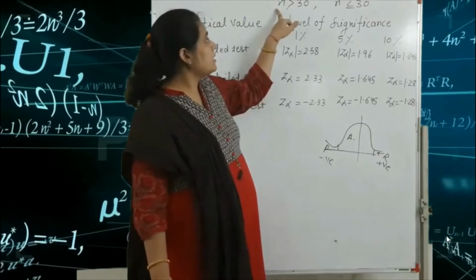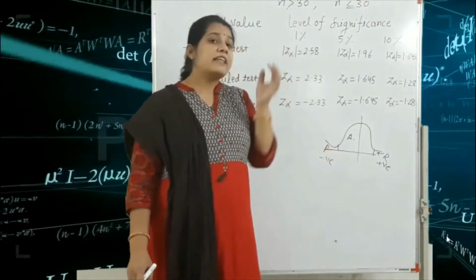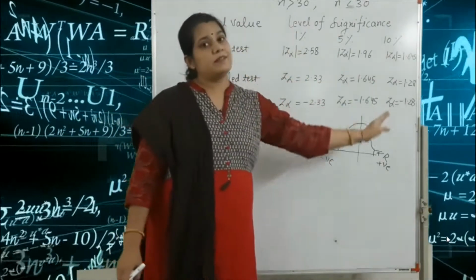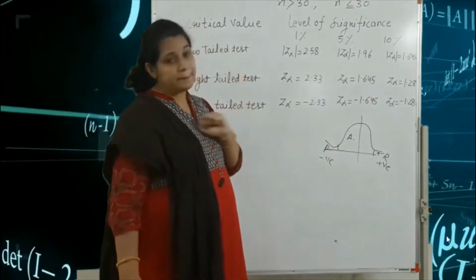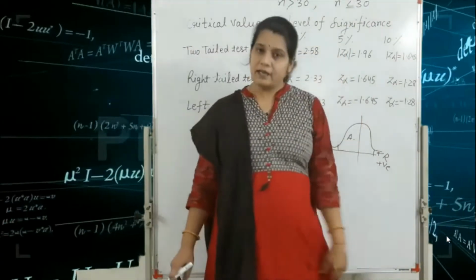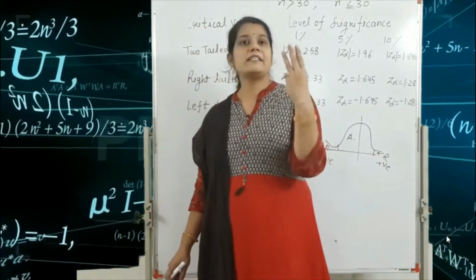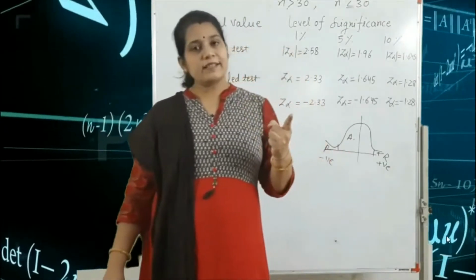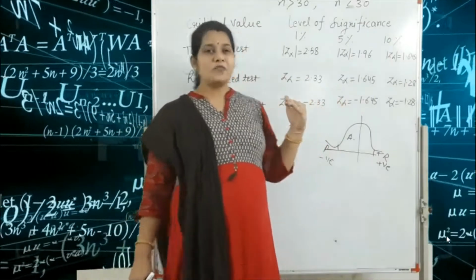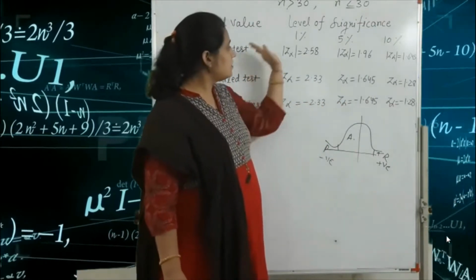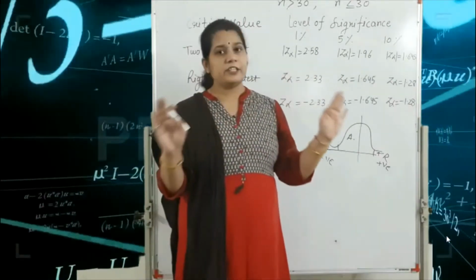So if the number of samples is greater than 30, then we use this table for n greater than 30. But if our samples are less than or equal to 30, then we have three types of test: T student test, F test, and chi-square test. If we solve with the help of this table, these values are not given in your question.